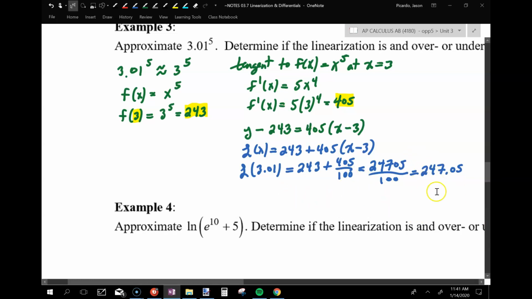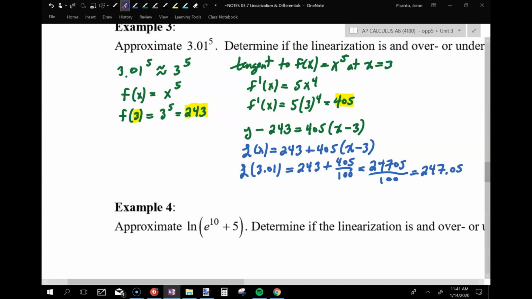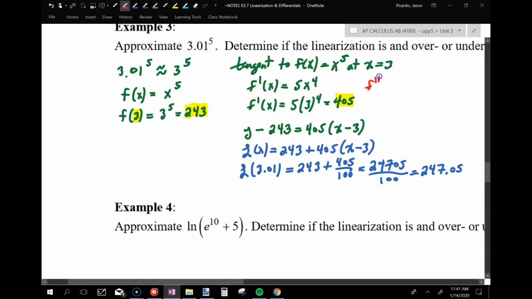So this is what we think we're going to get for 3.01 to the fifth. Oh, by the way, over or underestimate? I don't know. Hang on. What's the second derivative? 20x to the third, right? What happens if I plug 3.01 into this?